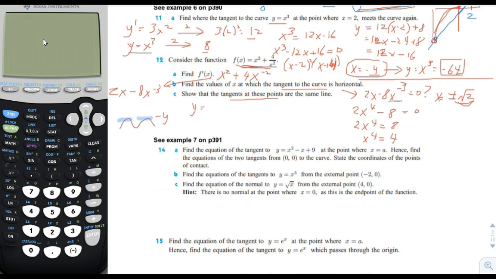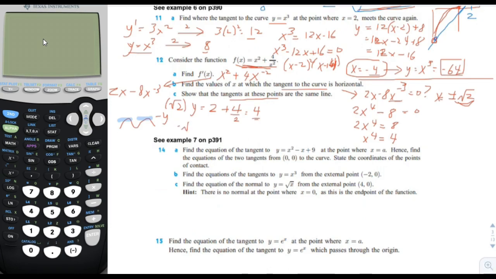So we'll have 2 plus 4 times, square root of 2 squared gives us 2 in the denominator. So 2 plus 2 is 4. Okay, so for positive square root of 2, the height is 4.